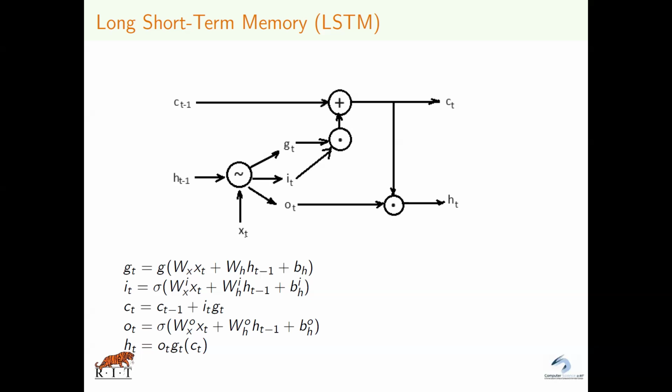So if the gate is close to 0, we won't use information from H. We will use only information from C. If the gate is close to 1, we also will add information from the current value of x.